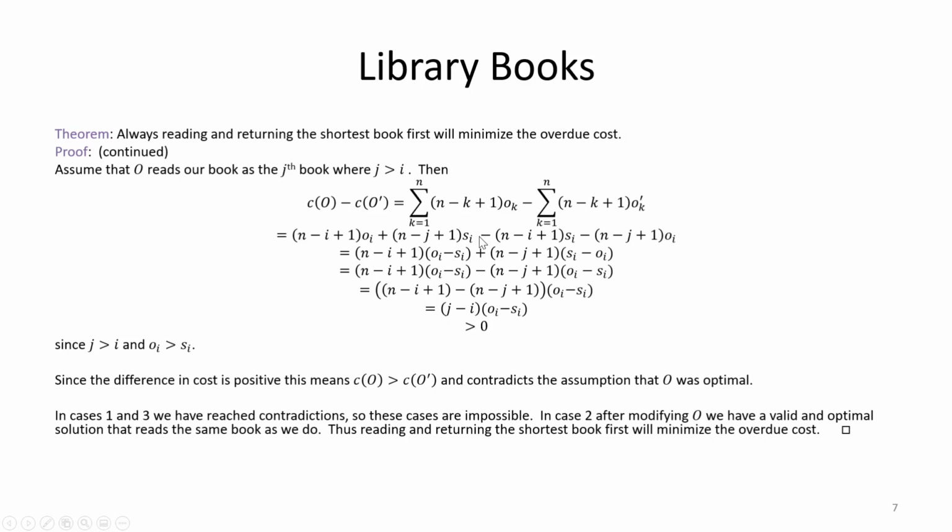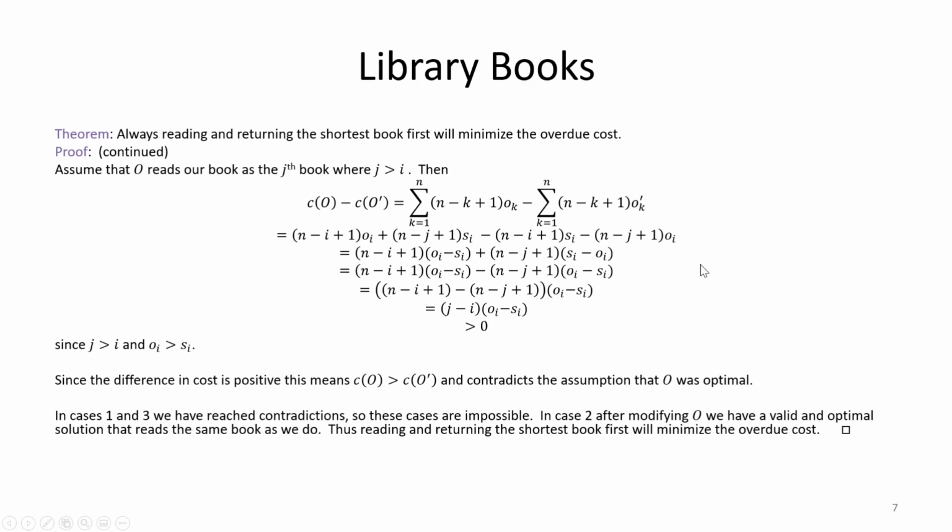We get OI minus SI. And then in the other case, we get SI minus OI. So I've factored those into these two terms on the next line: n minus I plus 1 with our OI minus SI, and then the same thing, our n minus j plus 1 with our SI minus OI.